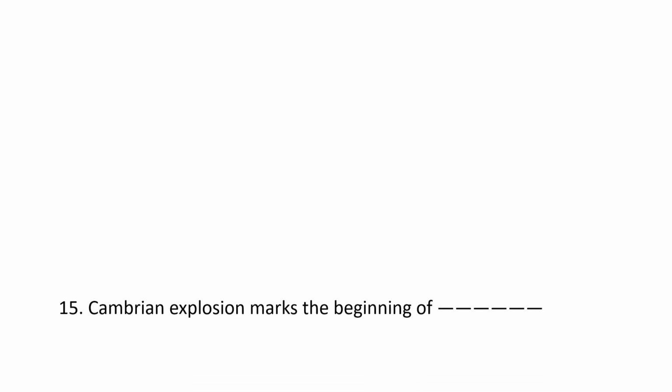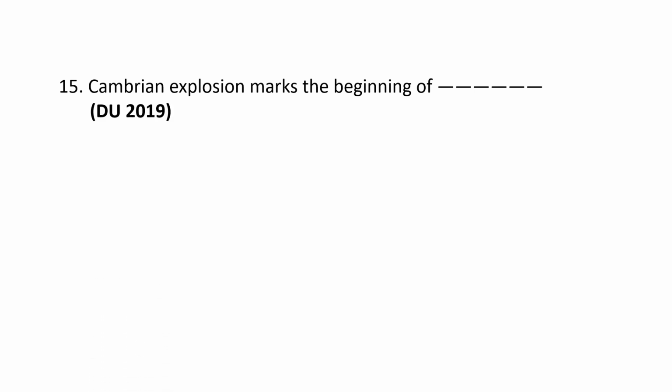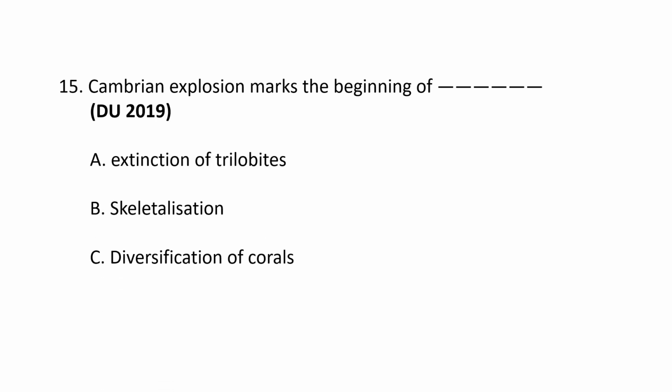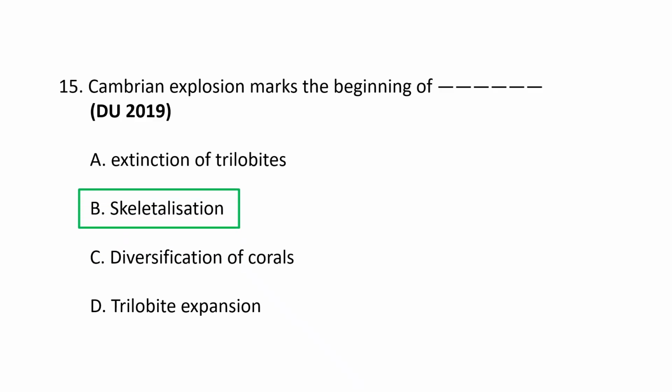Next question. Cambrian explosion marks the beginning of A. Extinction of trilobites, B. Skeletalization, C. Diversification of corals, and D. Trilobite expansion. Cambrian explosion marks the beginning of widespread appearance of skeletons and hard parts in the fossil record, which is a pivotal event in the diversification of animal life, though evidence suggests that soft-bodied organisms existed before this period.